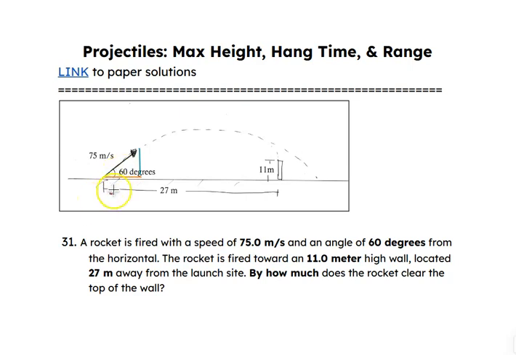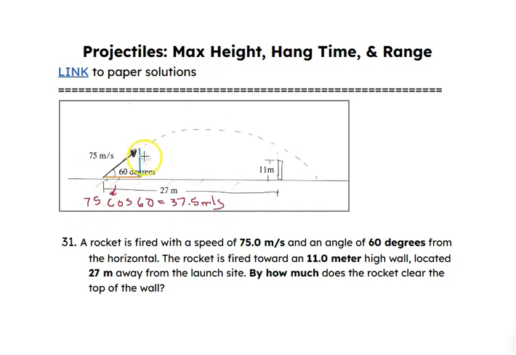So the orange vector here, the over part of the speed, is going to be 75 cosine of 60, which is 37.5 meters per second.